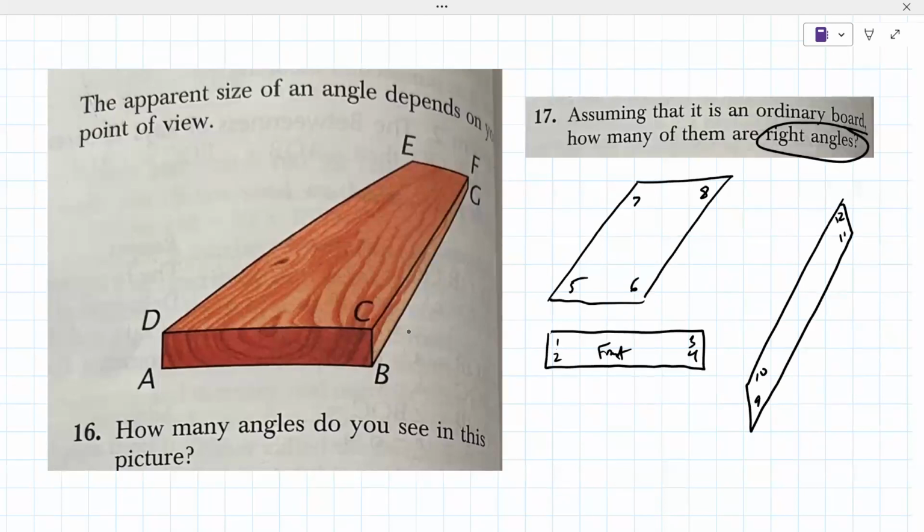So what you're seeing, hopefully, is that each face has four angles. So there's 12 angles you can see, but the board has more than 12 angles.